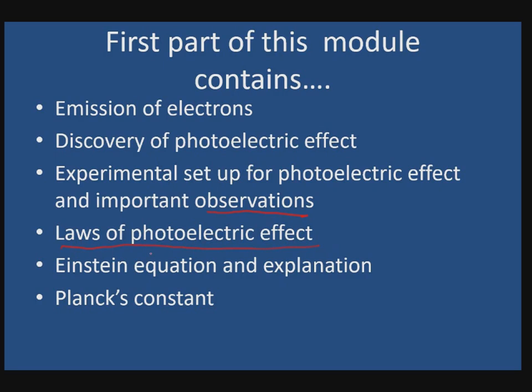We must be aware of these to a certain extent. Then the Einstein equation using photon theory, and with the help of that equation we can discuss Planck's constant, a very important constant given by Max Planck.